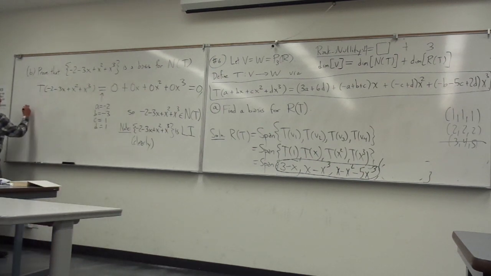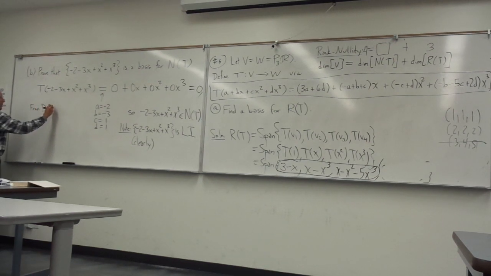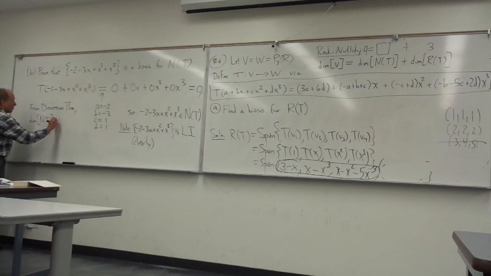Okay, so let me just point that out. From the dimension theorem, the dimension of N of T is equal to 4 minus 3, which is equal to 1.